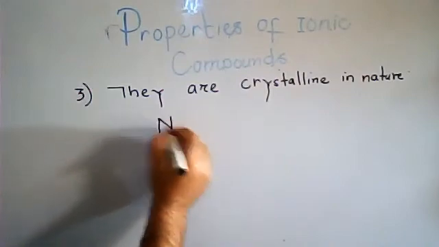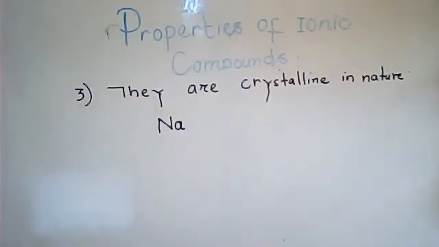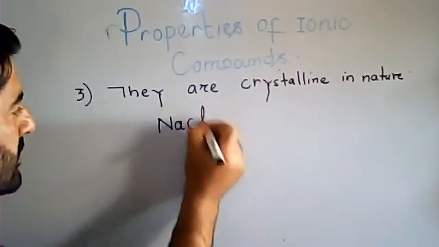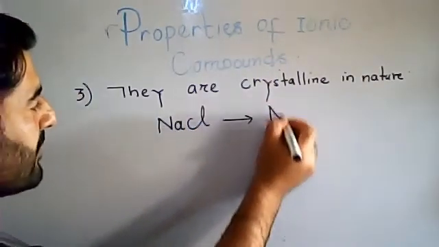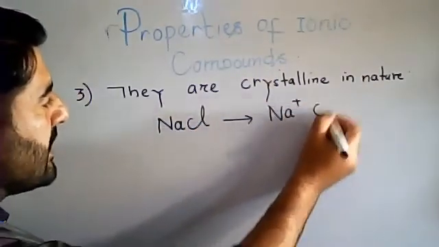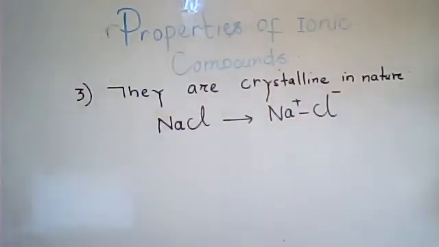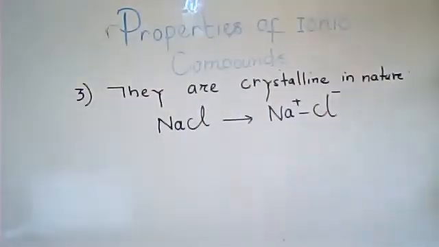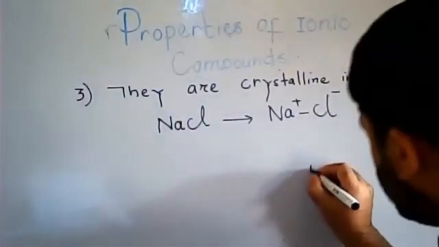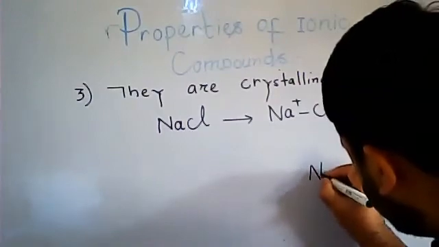Okay, so we are taking once again for the example of sodium chloride. So this sodium chloride is actually formed of Na positive and Cl negative. Now these are ions, and the ions have electrostatic force. You know, if there is a charge and there are surrounding charges, and those surrounding charges are negative in nature and positive in nature. For example, I'm having this sodium here.